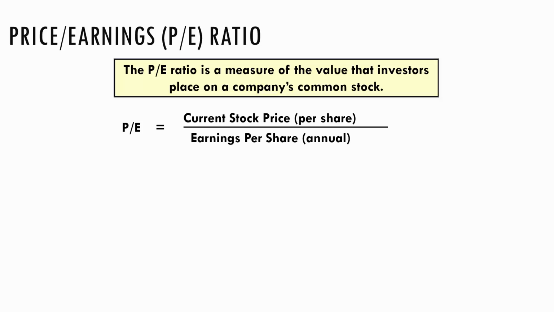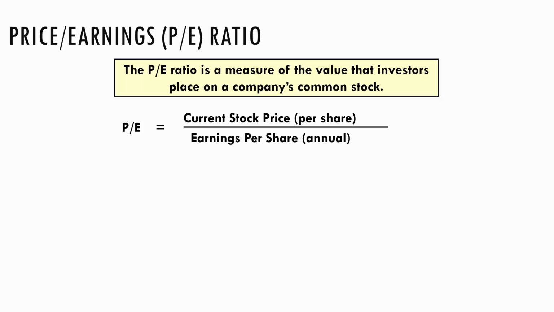Price earnings ratio. Now, this is an interesting metric because you have price per share and you have earnings per share. And often this is referred to as a price-earnings multiple, because the current stock price should be more than the earnings per share. So the current stock price per share should be greater than the earnings per share.